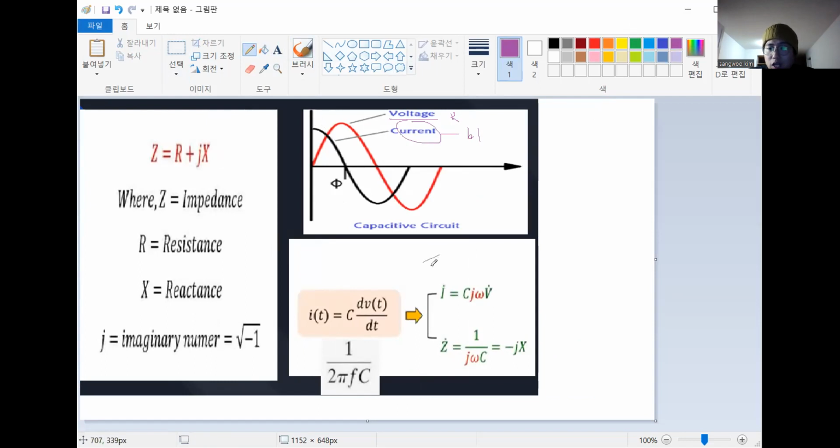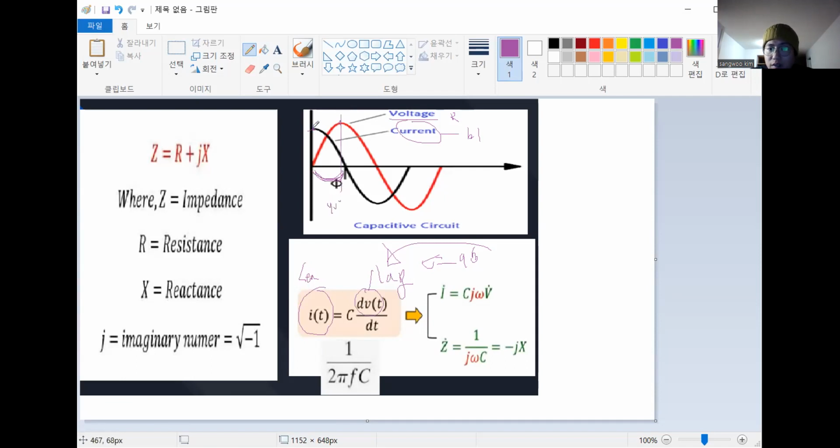I said j makes it 90 degrees faster, which means lead, and V is lagging, right? Look here, comparing peak to peak, the difference between them is 90 degrees.